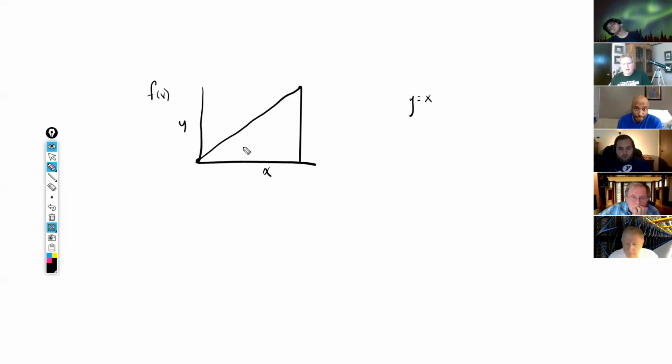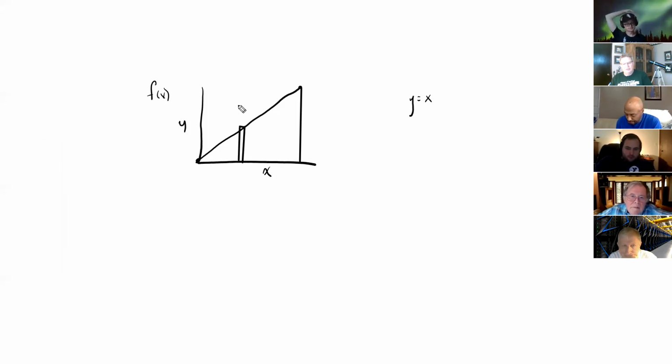We said it's the area. Well, what is it the area of? It's the area of a bunch of these rectangles. How big are the rectangles? How wide are they? dx. They're infinitely small, dx wide.